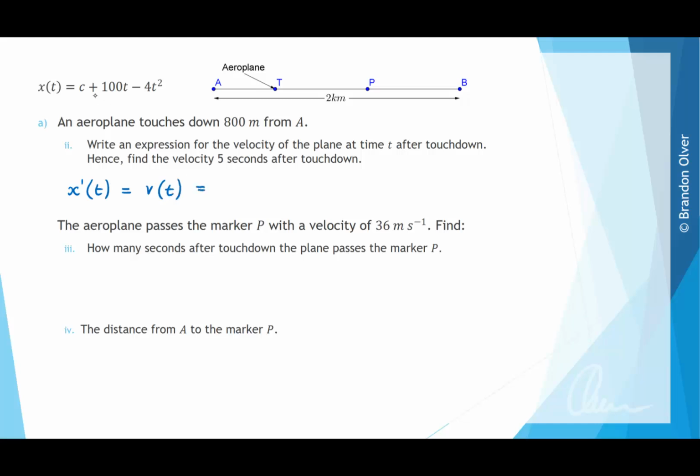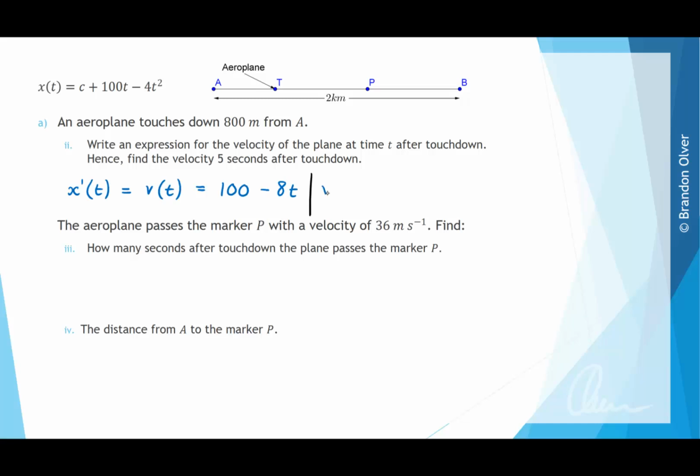And deriving this, the plus c, the constant value that's currently there, would become 0 when we derive it. And then the plus 100t would turn into simply 100 when you take the power out the front and subtract 1 from the power. And doing that to the next term, we'd get 100 minus 8t as the derivative function, which represents the velocity.